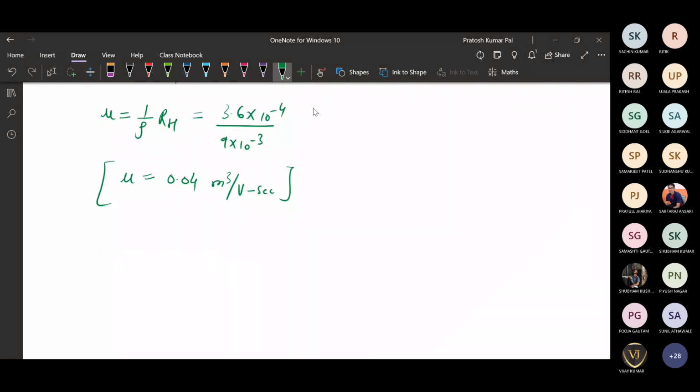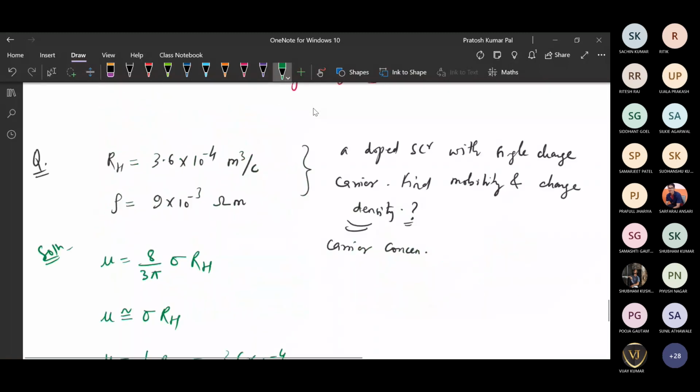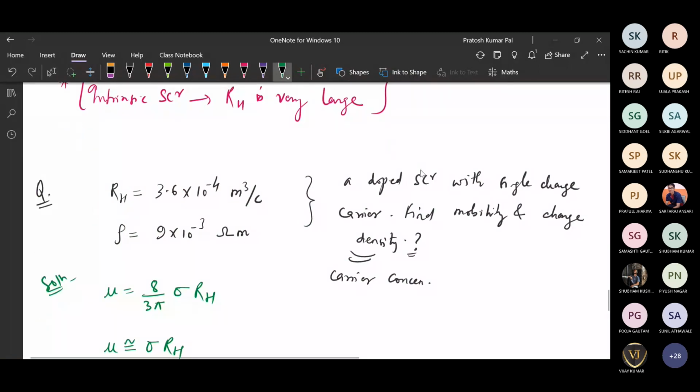So once we know the mobility, next we need to find out the charge carrier concentration. So RH is given, and this RH is 1 by charge into carrier concentration. It could be a hole or an electron, but in the question it is given that it is a single charge carrier.